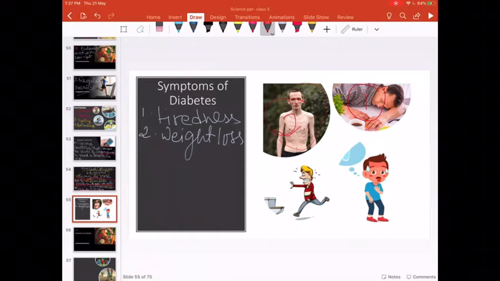So this is the second symptom, weight loss. And then the person will feel excessively thirsty. So the next symptom is excessive thirst.